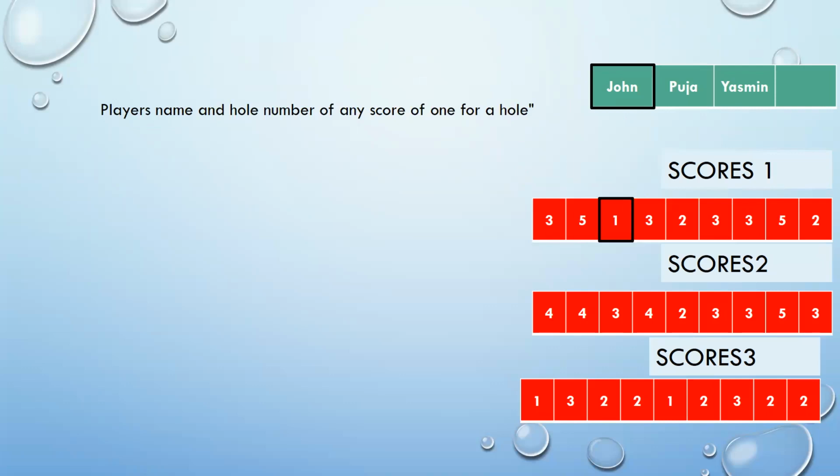Similarly for Pooja, there are no such 1 for a hole scores, but for Yasmin, we'll have 2 such scores. So here your output would be name of the person, Yasmin, followed by hole 1 and hole number 5. So I hope the question is clear to you. Let's see the output.